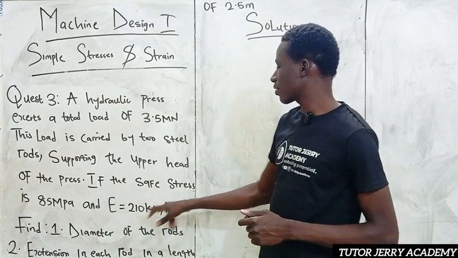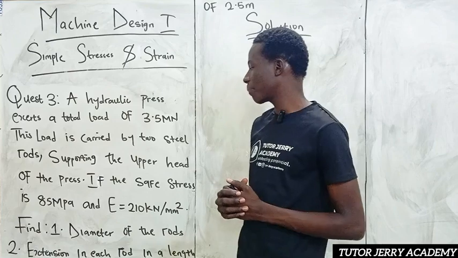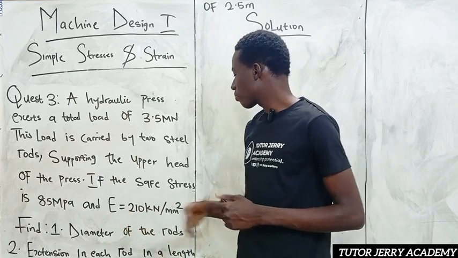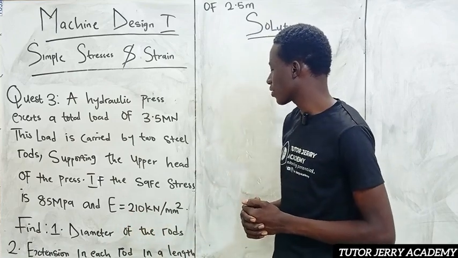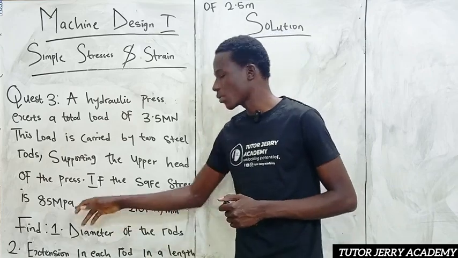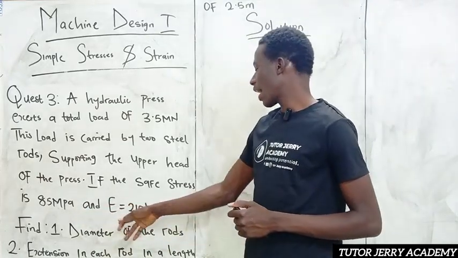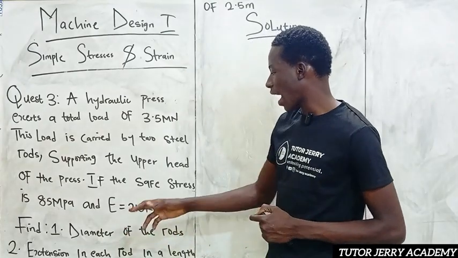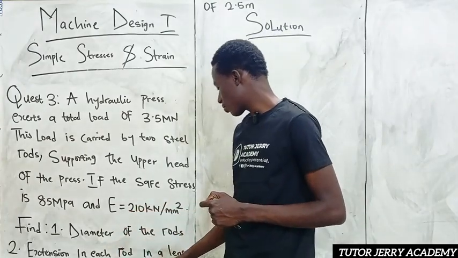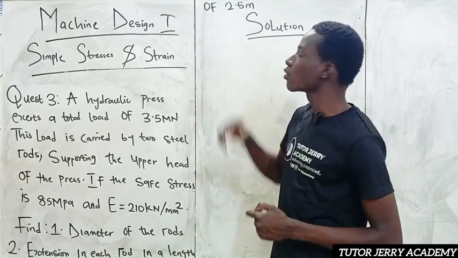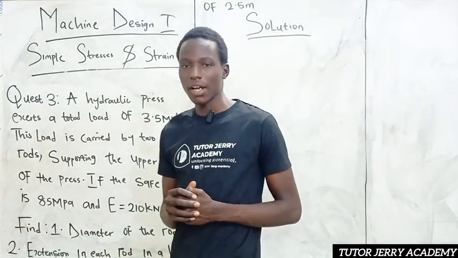If the safe stress is 85 megapascal and Young's modulus is equal to 210 kilonewton per millimeter square, we are asked to find the diameter of the rods and the extension in each rod in a length of 2.5 meter.